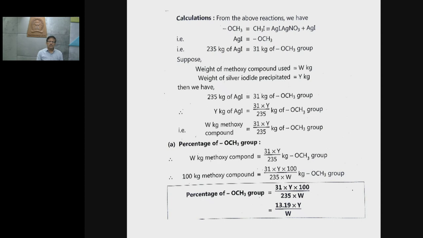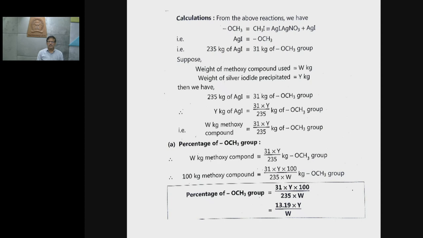So ultimately 1 mole of AgI is equivalent to 1 mole of OCH3. From the molecular weights, the molecular weight of AgI is 235, so 235 into 10 raised to minus 3 kg of AgI is equivalent to 31 into 10 raised to minus 3 kg of OCH3 group.